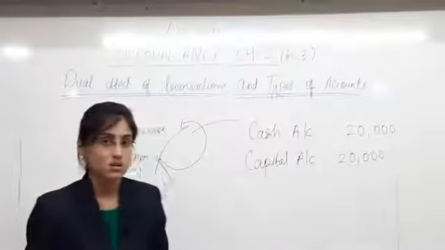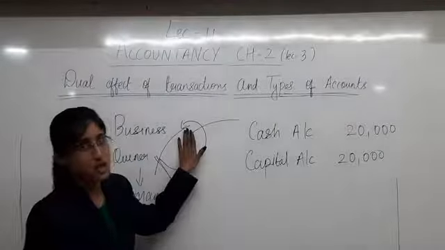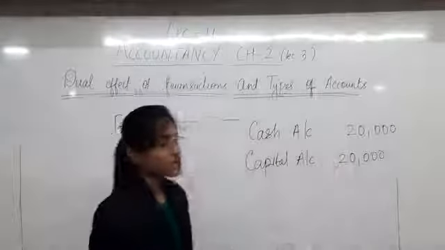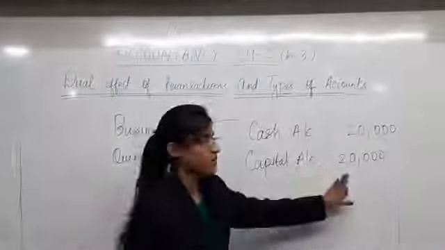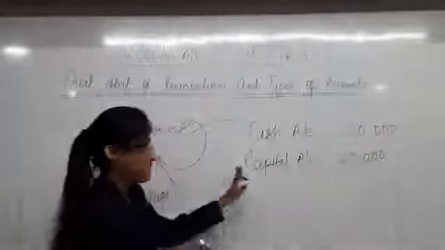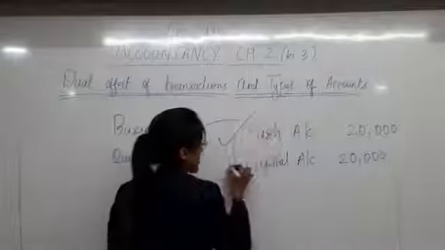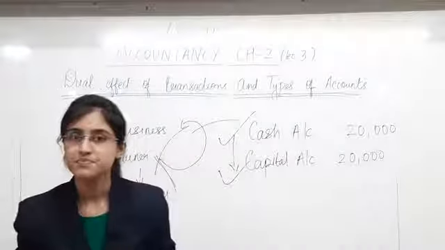Manoj is the owner. Owner has brought an amount to start the business. How much did he bring? He brought 20,000. Anything that the owner brings is termed as capital. So capital of 20,000, but what did he bring? He brought cash. So the two effects are that he brought cash, which is termed as capital. These are the two effects.